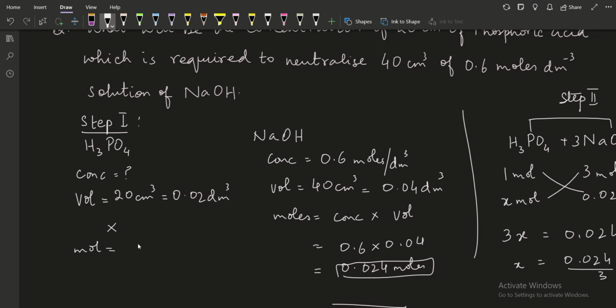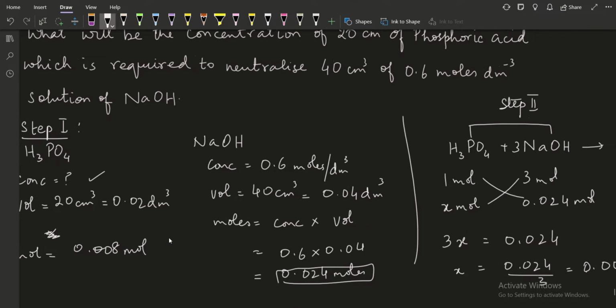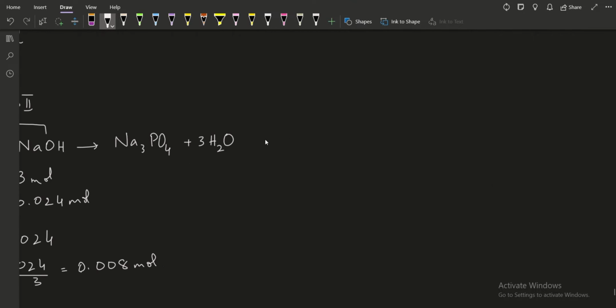Now we have calculated the moles of phosphoric acid as well, which are 0.008 moles. Now we can easily calculate concentration, because volume is also given. In step 3, we will do what has been asked in the question, that we have to calculate the concentration by using the formula that concentration is equal to moles over volume.